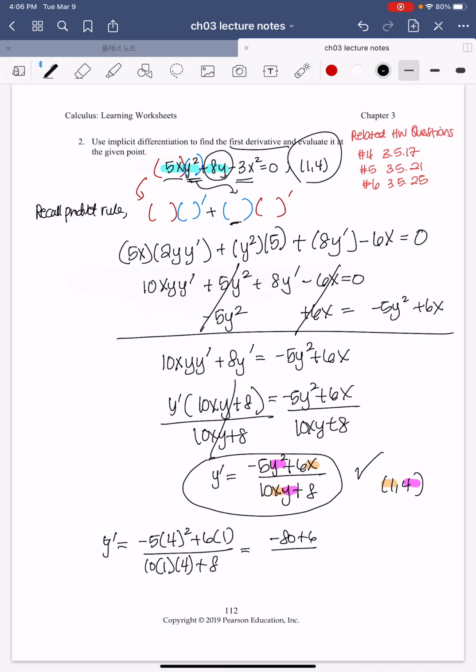And then you have 48 on the bottom. So you have negative 74 over 48, or you can change it to a decimal number. It ends up being 1.5417, rounded to 4 decimal places.